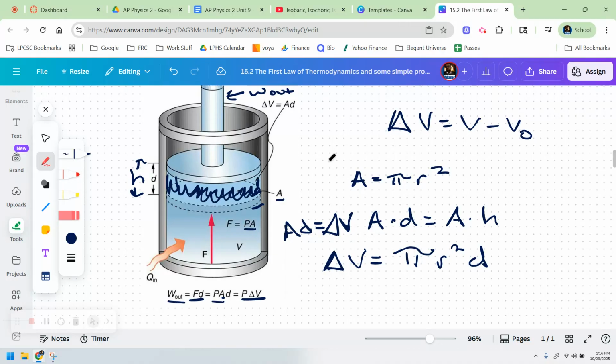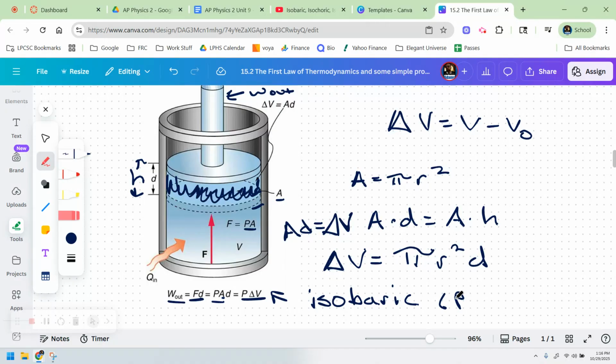Which, if I were to make the volume of the big cylinder and then the smaller cylinder, now this works for what we call an isobaric process. What does isobaric process mean? Well, an isobaric process just basically means that there's no change in pressure.